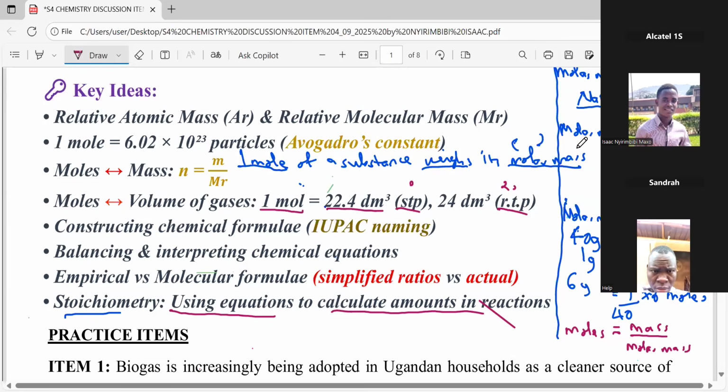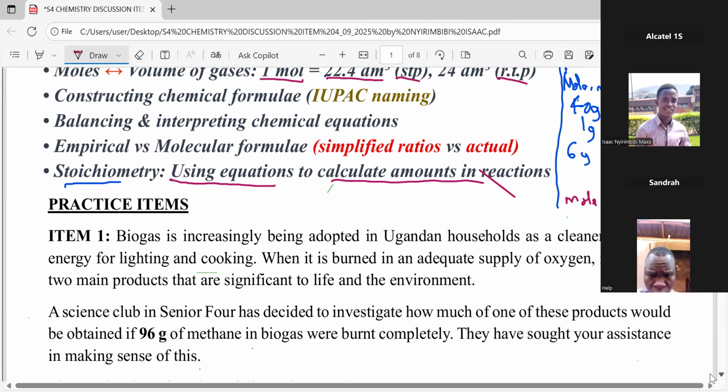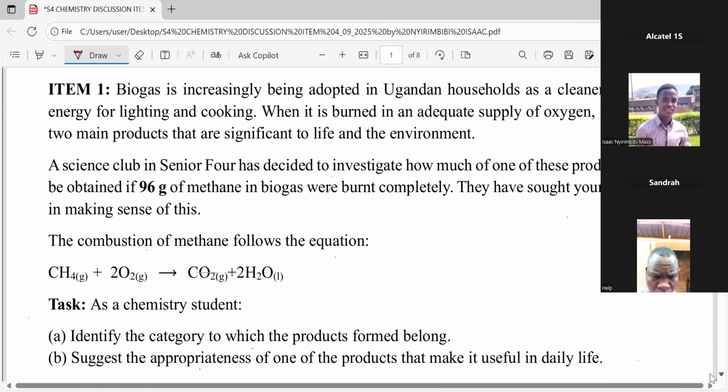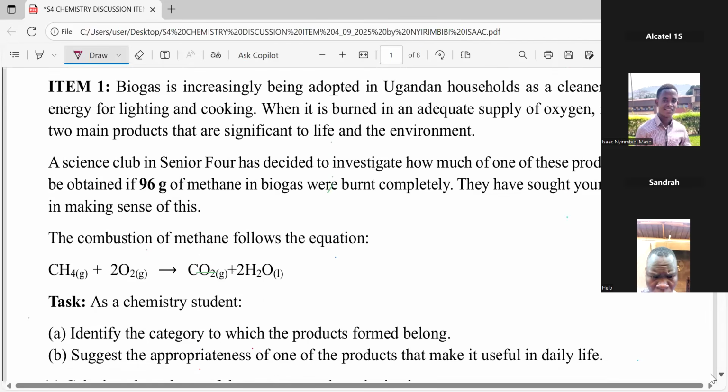Okay, thank you. So let's look at this practice item, and I would request one of us to try out part A and part B. Part A and part B do not require any calculation. But when you go to part C, that's where the calculation is.